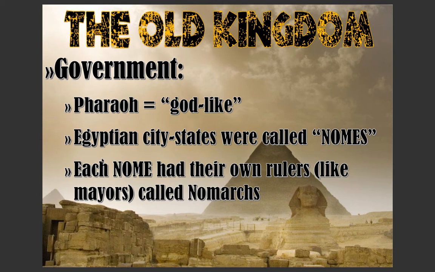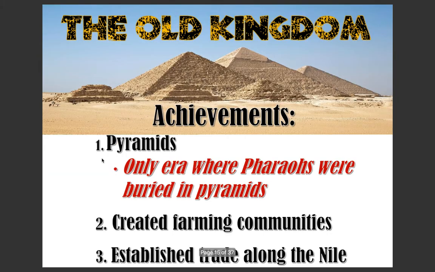They're the ones who ran the day-to-day businesses, the economy, the agriculture, the military, trading, everything was up to the nomarchs to run their own specific nomes. While the pharaohs just sat back and were relaxing and eating grapes all day, the nomarchs were the ones who were doing the hard part. So that was basically the structure of the government during the Old Kingdom.